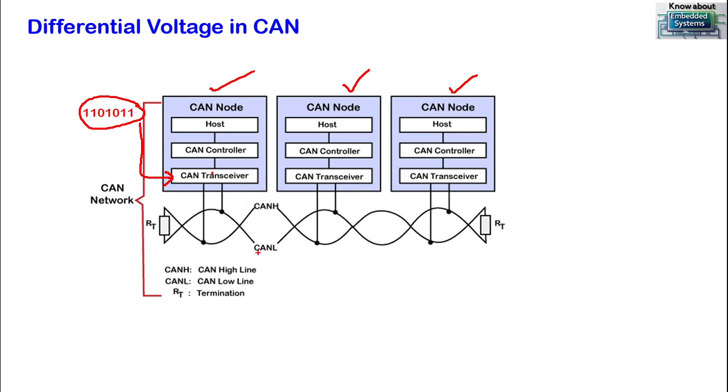So we know that the CAN bus has a CANH and CANL, and the CAN transceiver is responsible for converting your bits into differential voltage values, which are given to the CAN bus for broadcasting. So what is this differential voltage that we will see now?